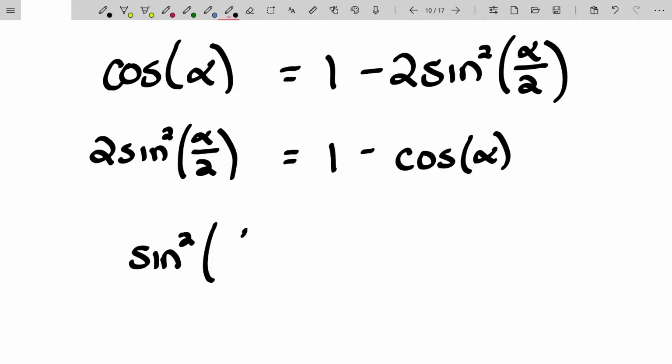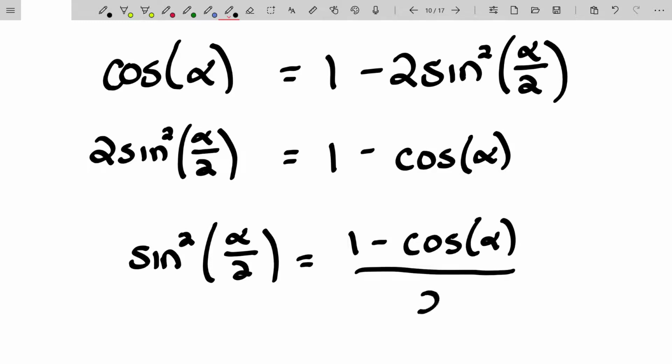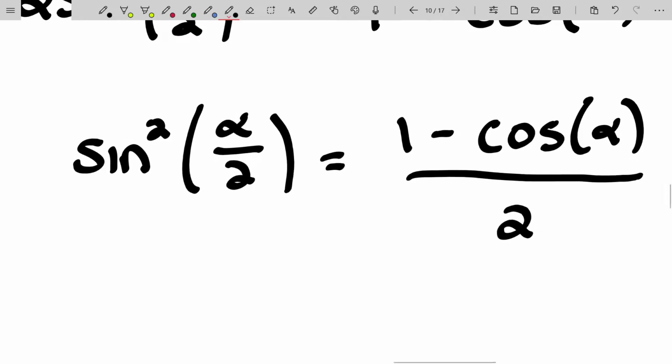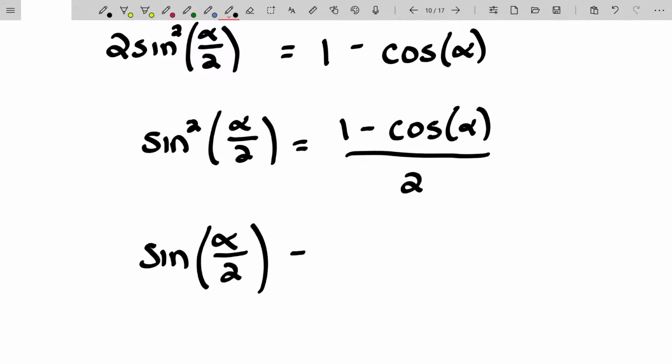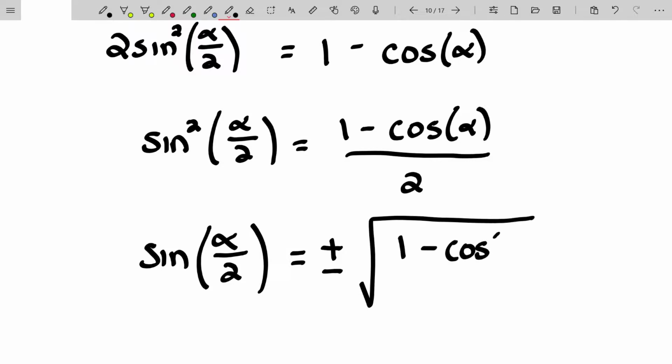So notice this is pretty much how we derive the power reduction formula, but it has a little more oomph to it when you do it this way, because not only do I get the power reduction formula right here, but I'll get the half angle formula by taking the square root of both sides. Oops. Taking the square root means I don't have that square anymore. And so we have sine of alpha over 2. But when you take the square root, you get a plus or minus square root of 1 minus the cosine of alpha being divided by 2.